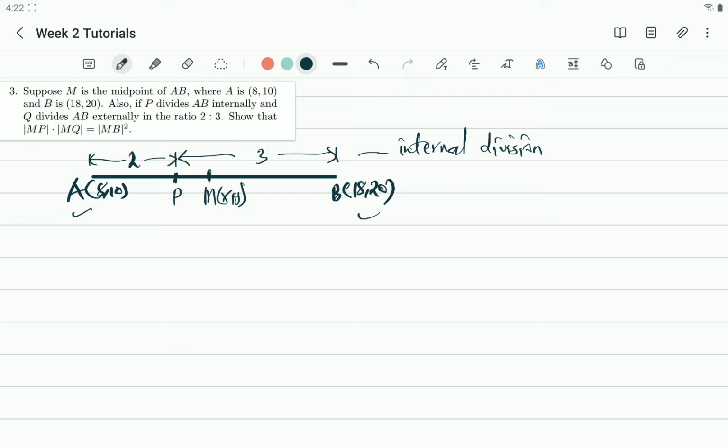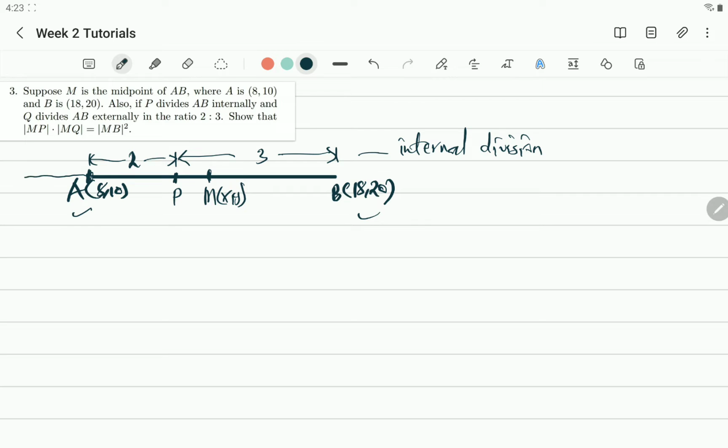Given the ratio 2:3, Q is still closer to A than B, so whatever extension we are doing for the first ratio 2, we should do it from A. So I'm going to the left hand side because the external space beside A goes to the left hand side.